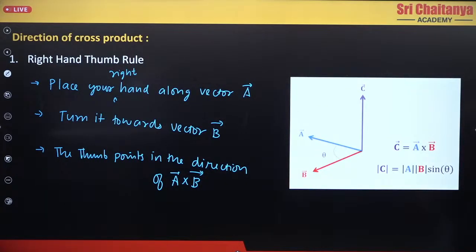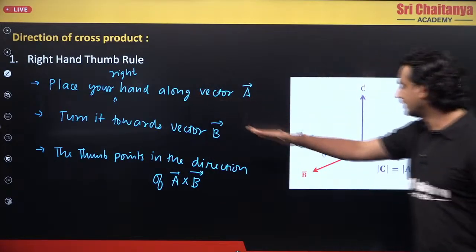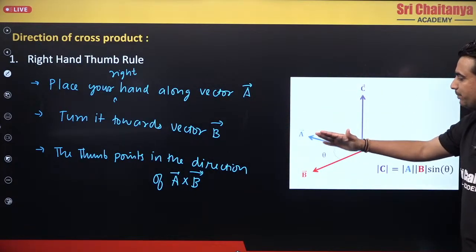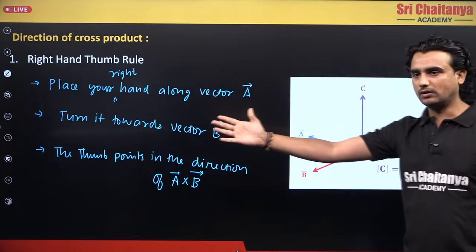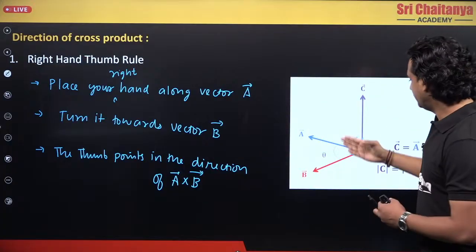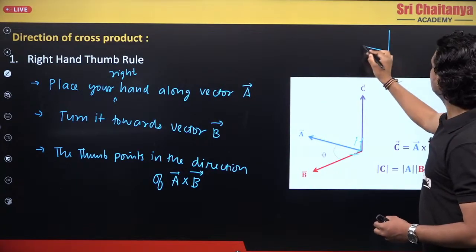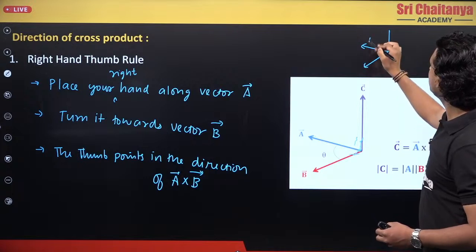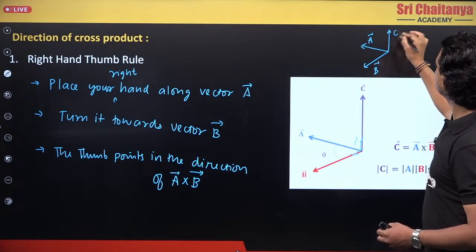So now what is this? Let's understand that. First is place your right hand along vector A. So this is my vector A, right? So I will place my hand along vector A. Now where is vector B? Vector B is towards you, okay. So this is vector A, vector B, and this is vector C, right?